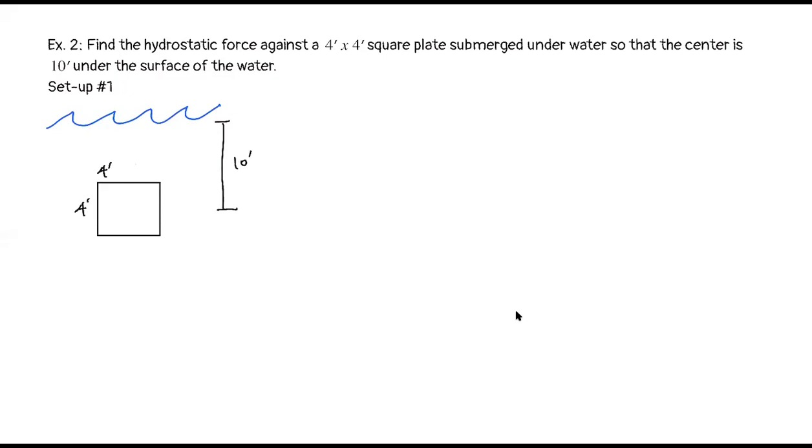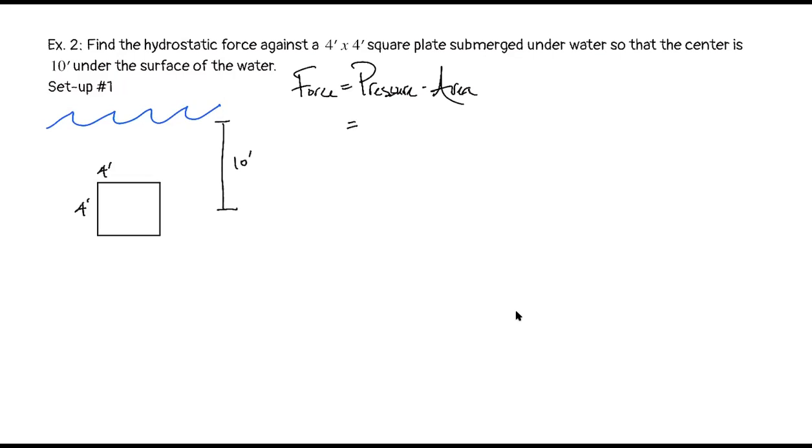Now, the way that we are going to start is we're going to write out force. We're going to talk about the different parts of the force equation, and then we're going to talk about the equation that goes into our integral, okay? So we know from last week that force equals pressure times the area, okay?